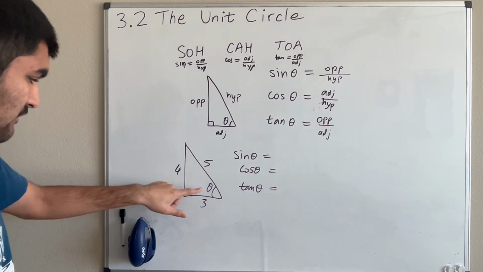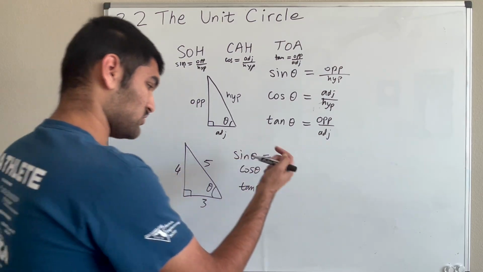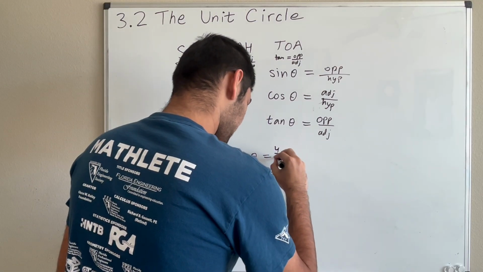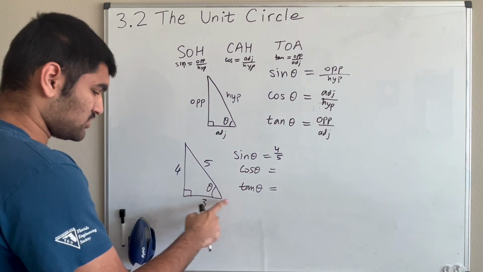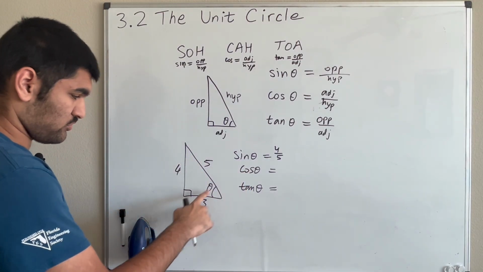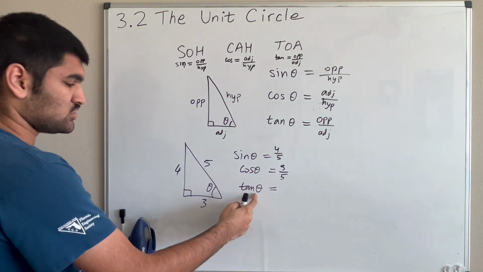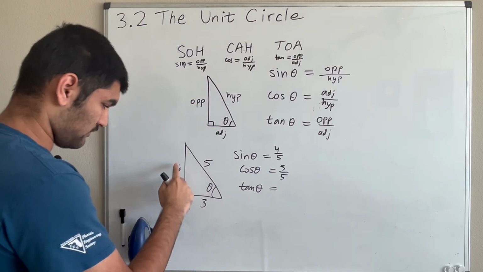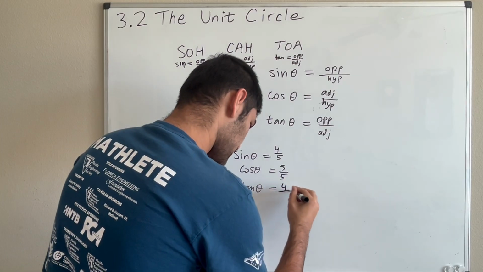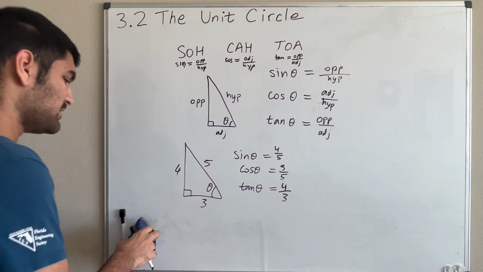So the opposite side of angle theta is this side, which is 4, and the hypotenuse is 5. So sine of theta is 4 over 5. Okay. Cosine of theta is the adjacent side over the hypotenuse, so 3 over 5. And then tangent of theta is the opposite side over the adjacent side, so 4 over 3. Alright. So yeah, that's basically SOHCAHTOA.